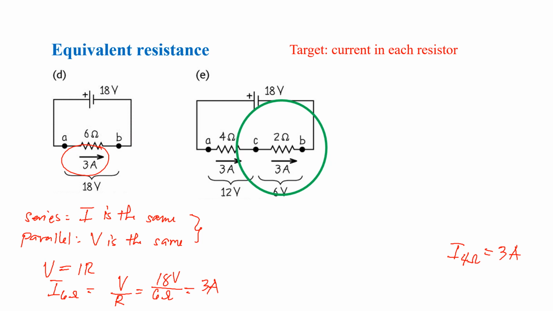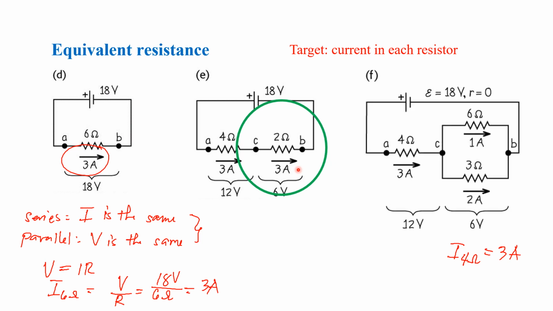Okay. After that, remember that this 2 ohm resistor is actually a combination of two resistors that are in parallel. So let's go back one step up to our original network. Remember that for resistors in parallel, the voltage V is the same. So let's first find the voltage in your 2 ohm resistor.